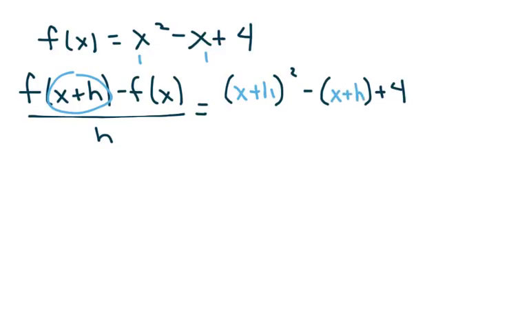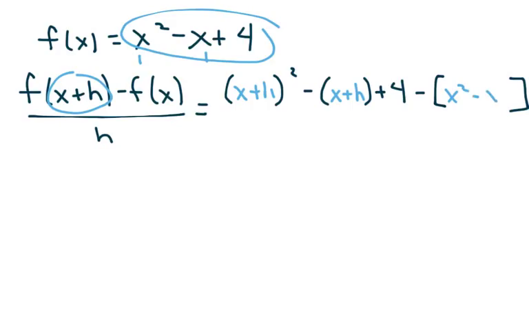I didn't forget my 4. Now I'm going to subtract the whole function. And the whole function is, this is the f of x. So I'm just going to input that, which is x squared minus x plus 4. And it's all over h.